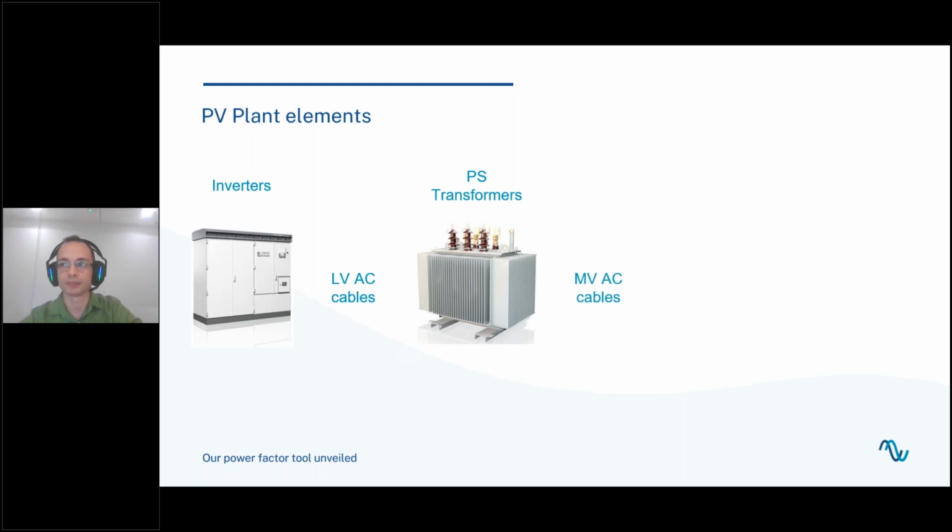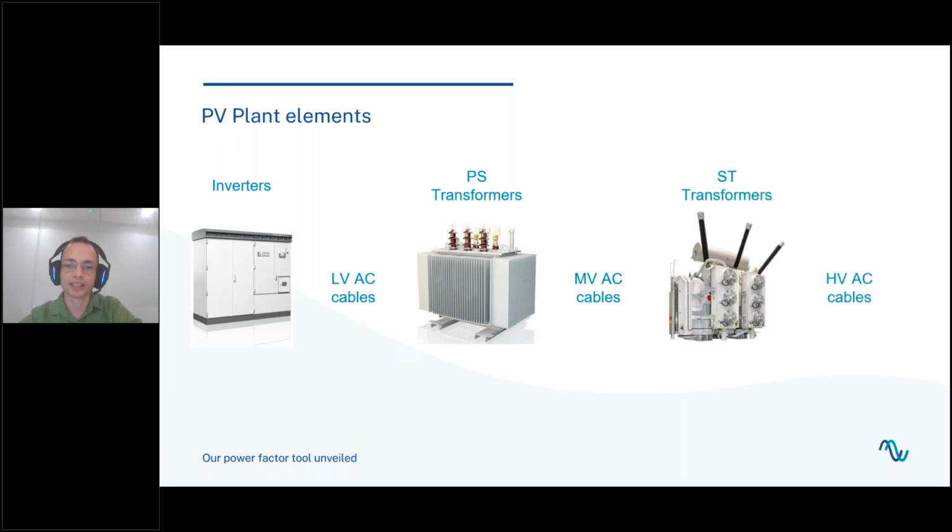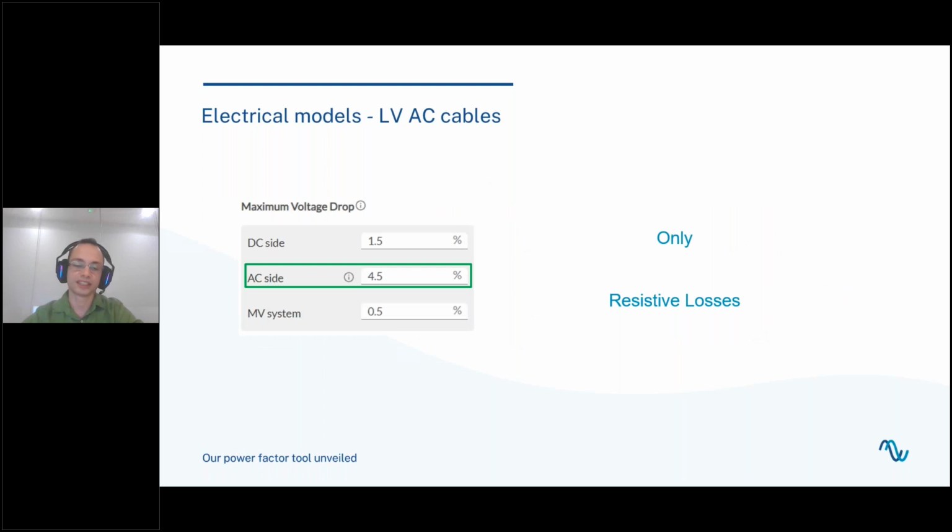Then from the power station transformers, we'll have MV cables going to the substation transformers. And then finally, an HV AC cable, which can be an overhead line or an underground line, to the point of interconnection. All of these systems generate inductive or resistive loads.